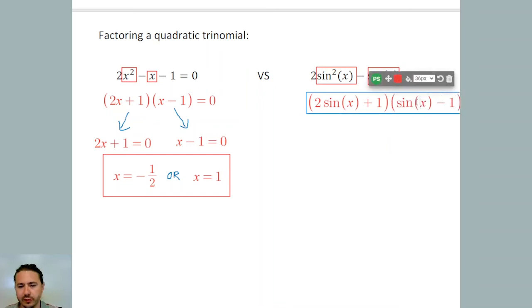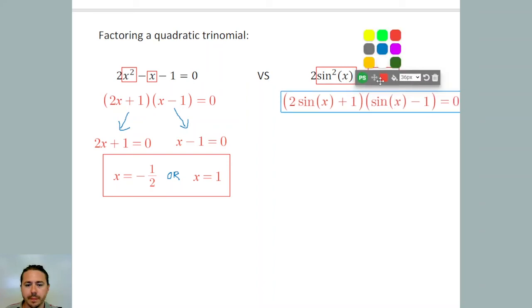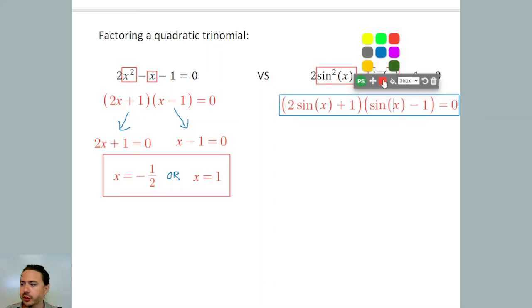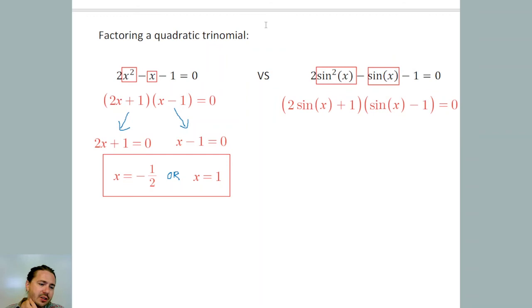Let's get some parentheses around there. One thing that you'll see on a lot of these problems, and this is pretty common in different textbooks, is that it's okay if you don't write the parentheses. In my opinion, it's not the greatest notation, but if you just see sine x, these are the same thing.